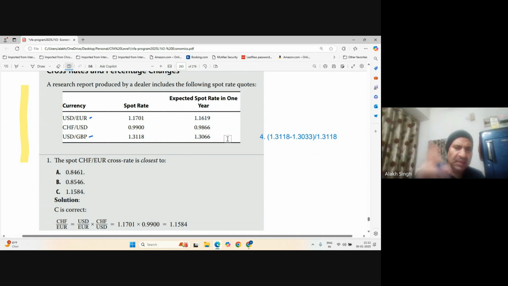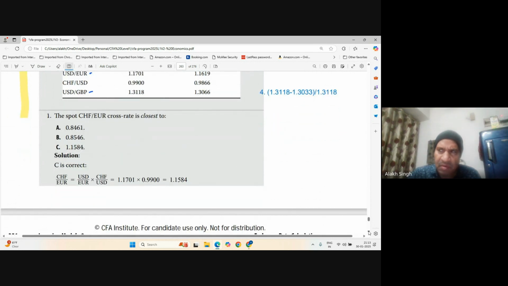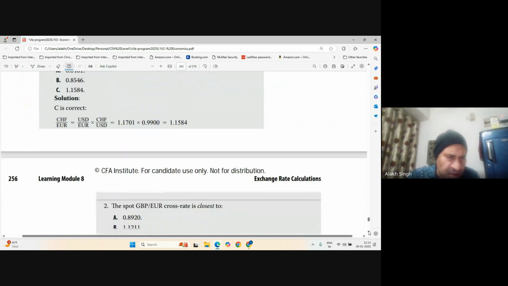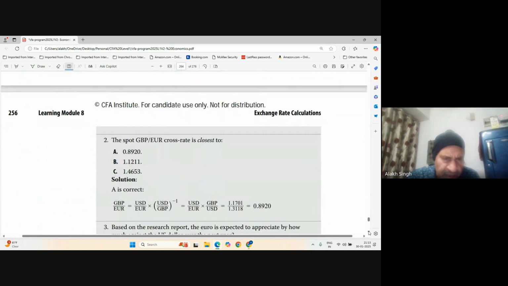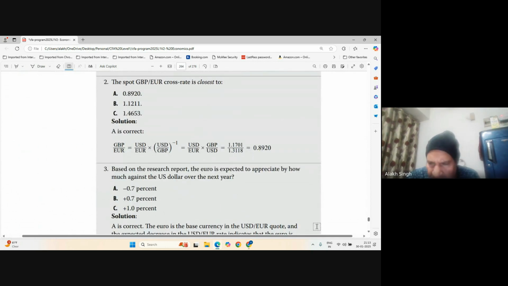So it will become 0.35%. And how much was euro appreciating? We had calculated, no? Euro was 0.4. So actually euro is appreciating more than Swiss franc.